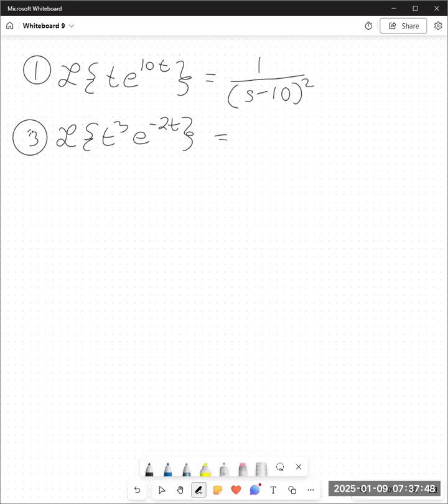So we're going to have 3 factorial over something to the 4th power, and that something is going to be s plus 2. 3 factorial is 6. So 6 over s plus 2 to the 4th.